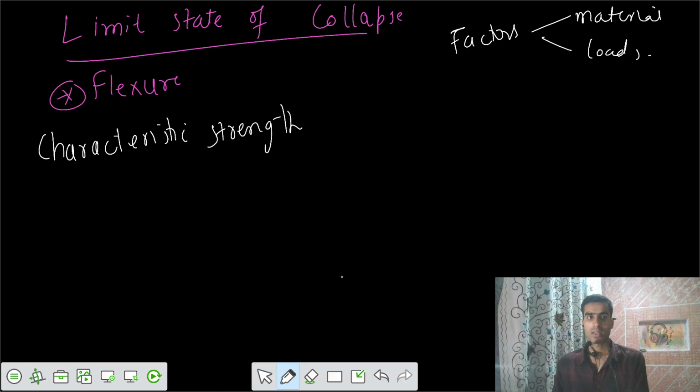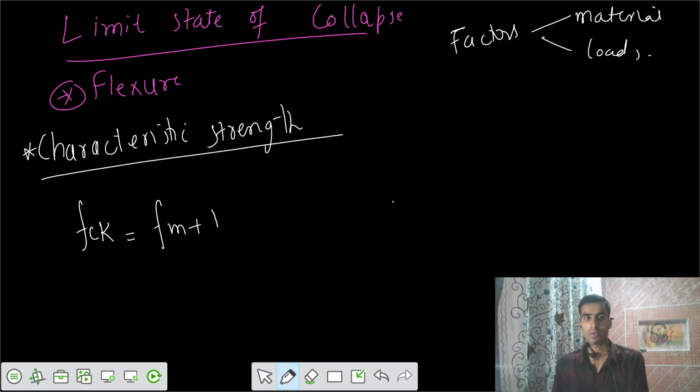So this is talking about the material's characteristic strength. For concrete, we have the characteristic compressive strength, fck, which equals fm plus 1.65 sigma. The definition we already know: it is the value of strength below which only 5% of the test results are expected to fall.